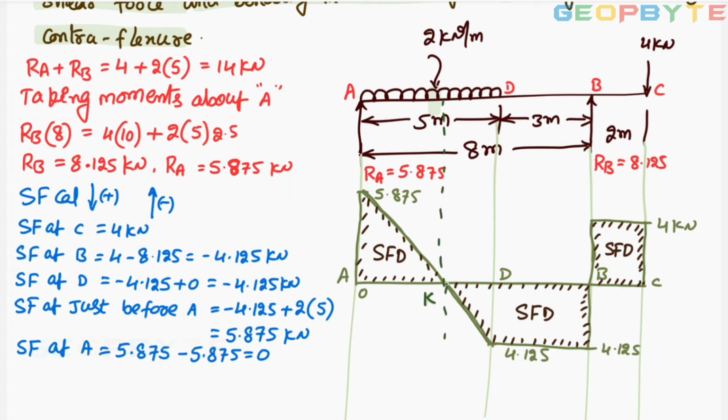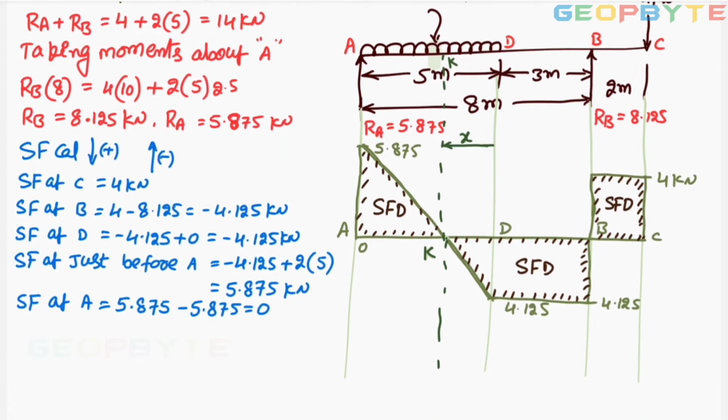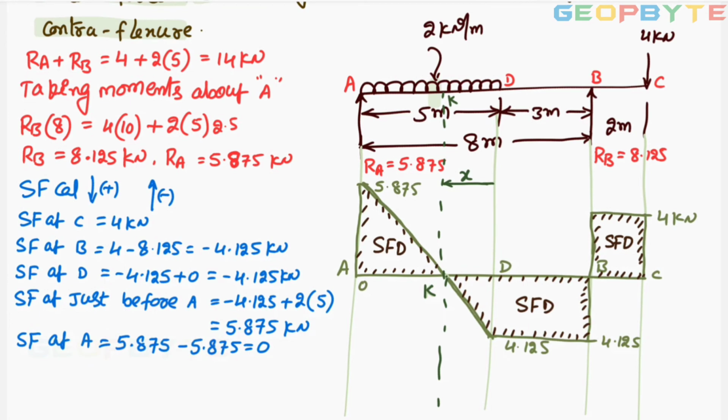There bending moment will be maximum. So this point K is lying at a distance of x from the B. For finding the maximum bending moment at that K, you need to find the distance x.